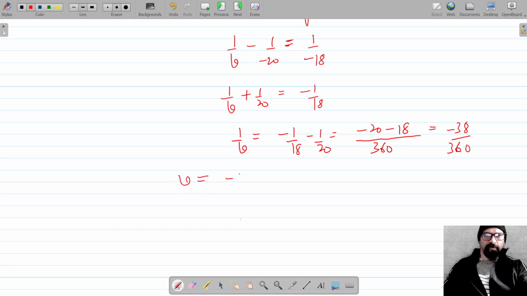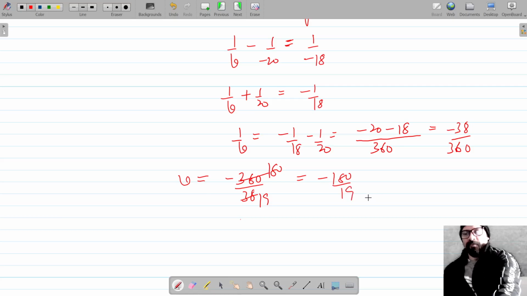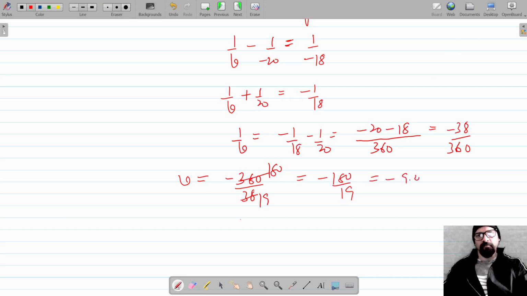So v is equal to negative 360 by 38. This is 19, this is 180. So negative 180 by 19, and so this is equal to negative 9.47 centimeter.